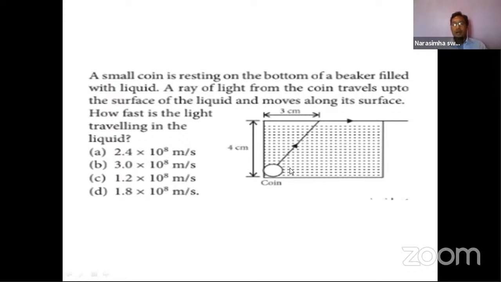But observe this, the coin is here. From the coin, whatever the light is there, which is coming from the coin, the moment it reaches the surface, sorry, interface. Surface is nothing but the interface of two media, that is water or liquid and air.